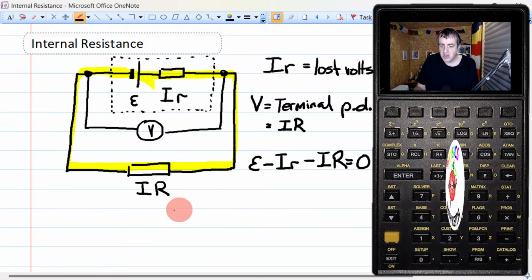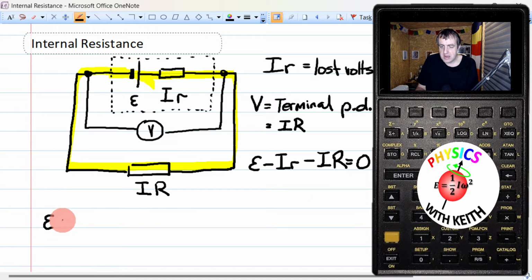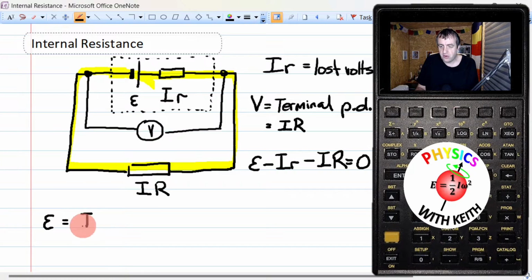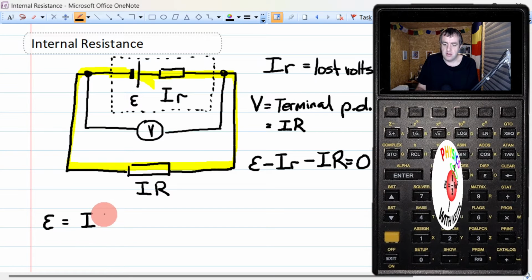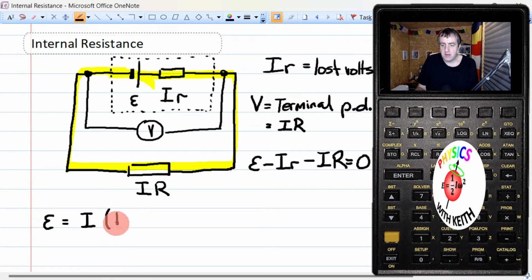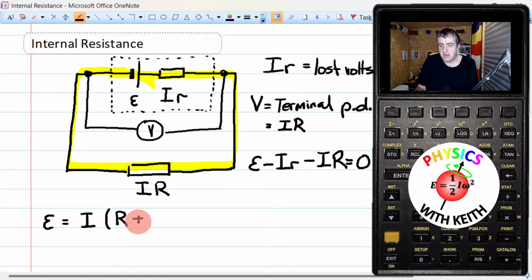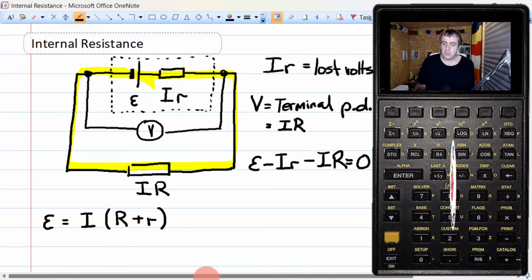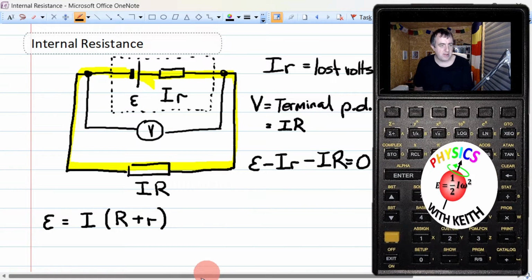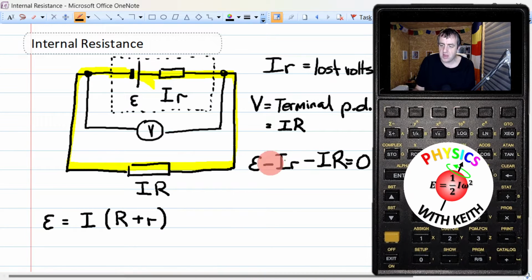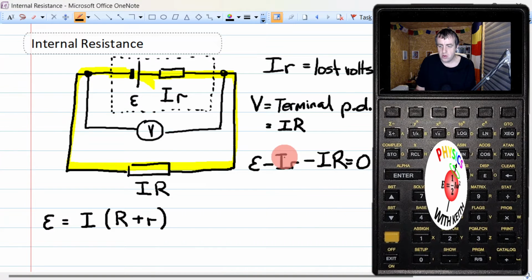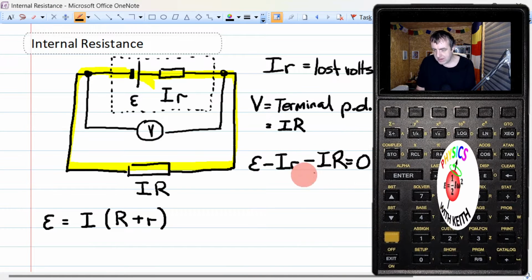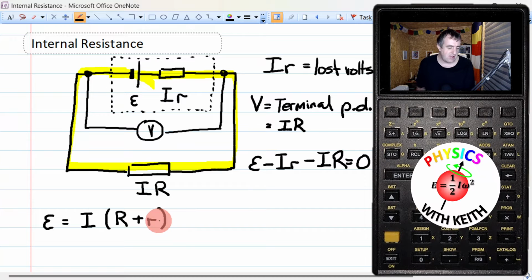Let's rearrange it so we have our EMF is equal to our current multiplied by the sum of our resistors. And you can do that step yourself. That's not too tricky. You factor out I, and then you add that term to both sides to get this.